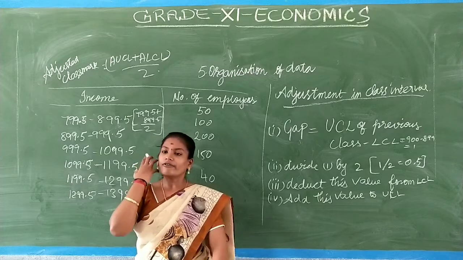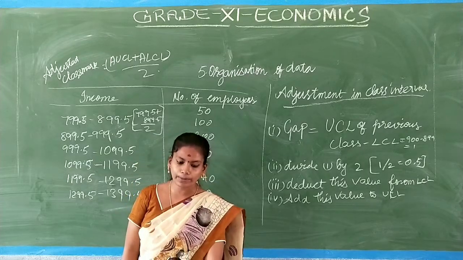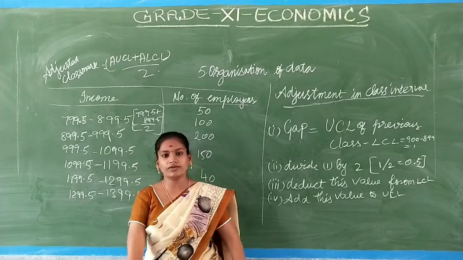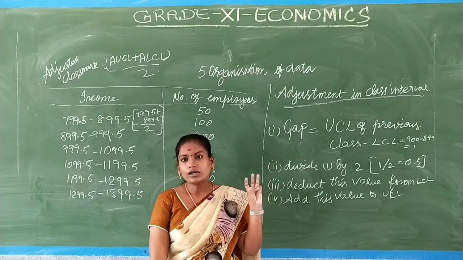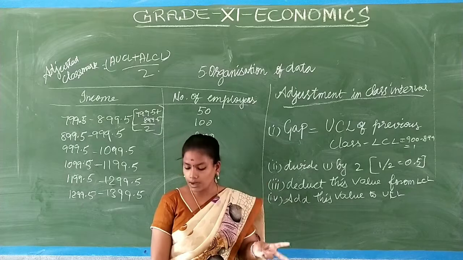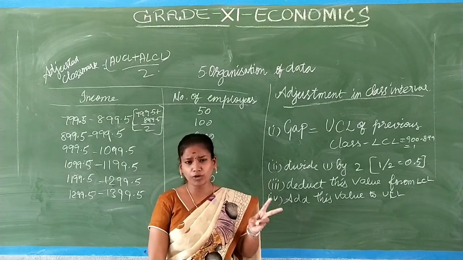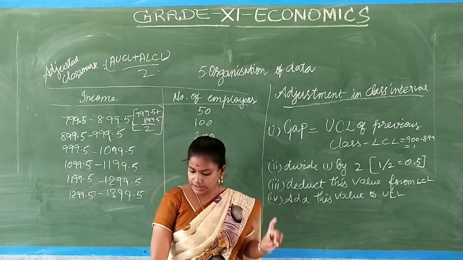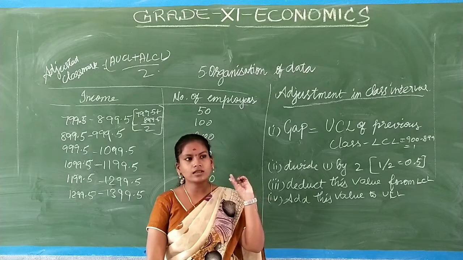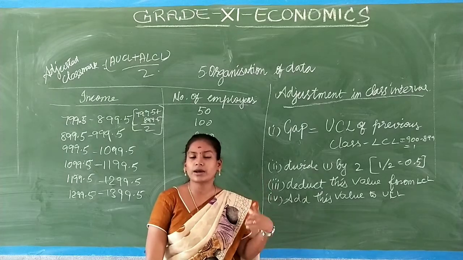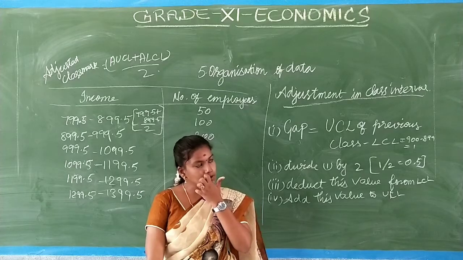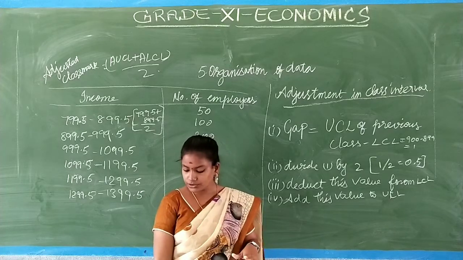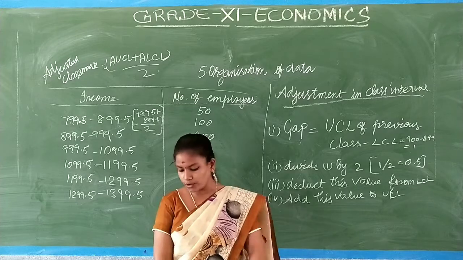We said that 5 questions should be answered for preparing a frequency distribution, and we have answered whether it should be equal or unequal size class intervals, then the number of classes, how many classes you have to have, then the size of each class, then how you decide the class limits, upper class limits and lower class limits, and finally the question is how should we get the frequency for each class.